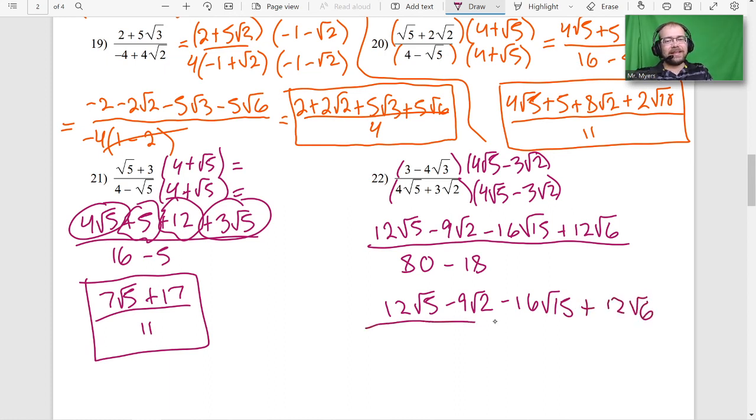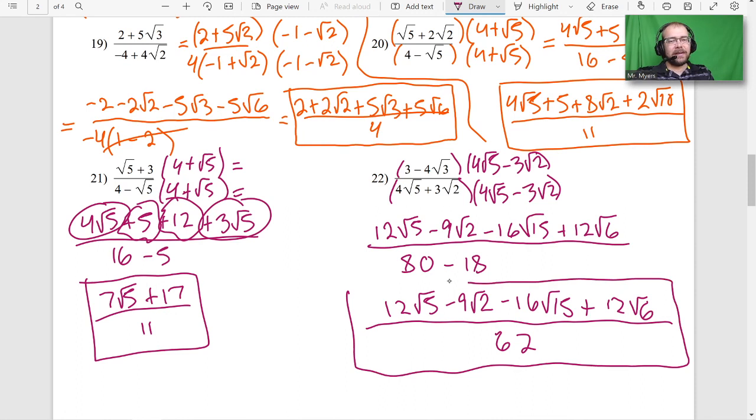All different roots again over 62, which is 31 times 2. But not everything divides by 2 on the top. We have a 9 root 2. So that doesn't divide by 2. So actually, we're done. That looks really ugly, but that's it. That's as far as we can go. Almost everything divides by 2. The minus 9 root 2 does not. So that's actually it, right?